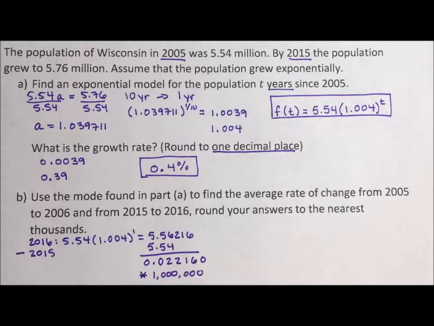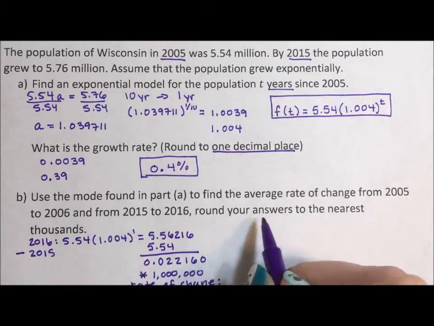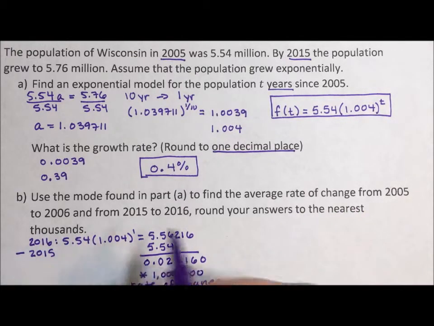We get that the rate of change, rounded to the nearest thousands, is 22,000. Okay, so that's the rate of change, 22,000. So that's 2005 to 2006.